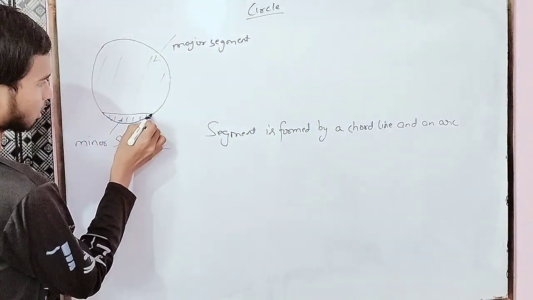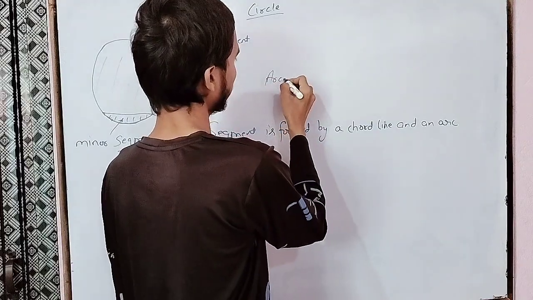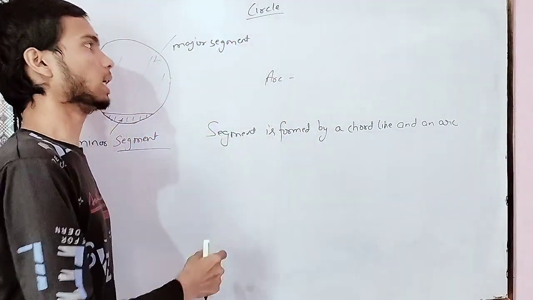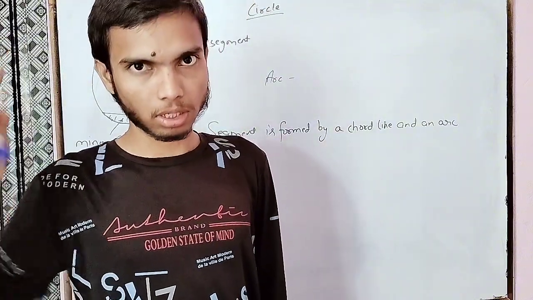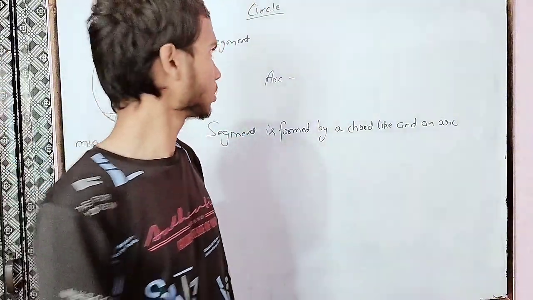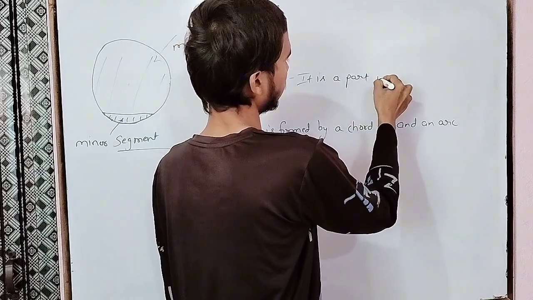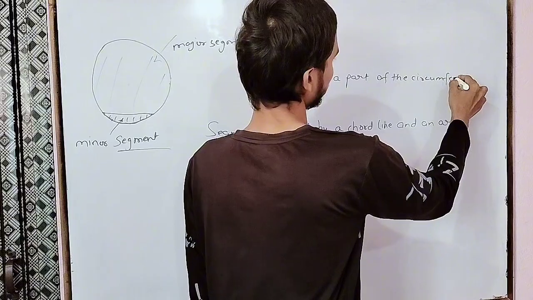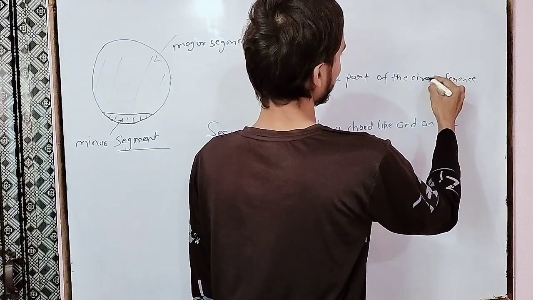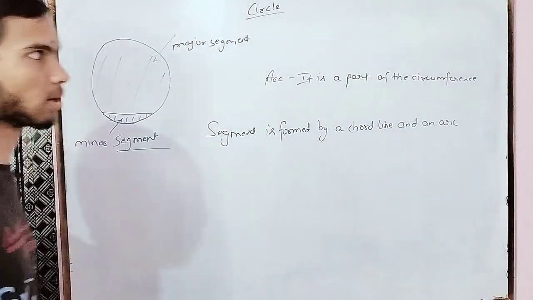So when it comes to an arc, you will define it by saying that an arc is a part of the circumference of this circle. So you can say it is a part of this circumference. Clear? Circumference. So this curved line is the circumference.